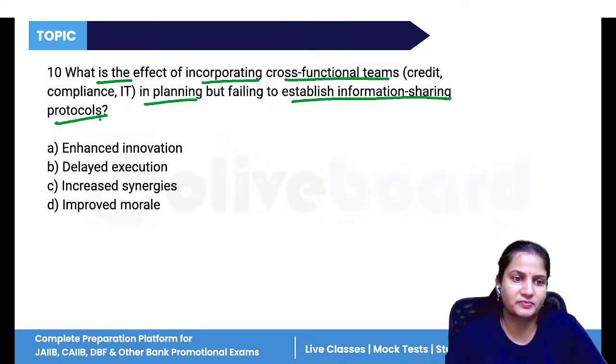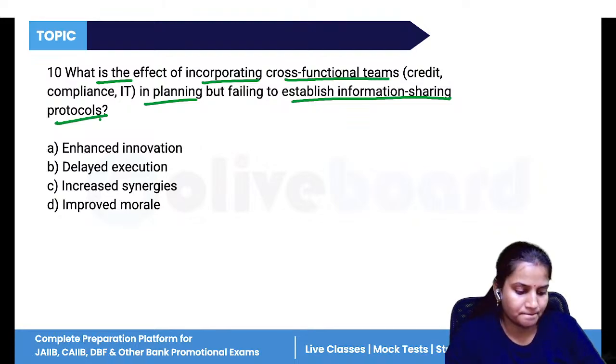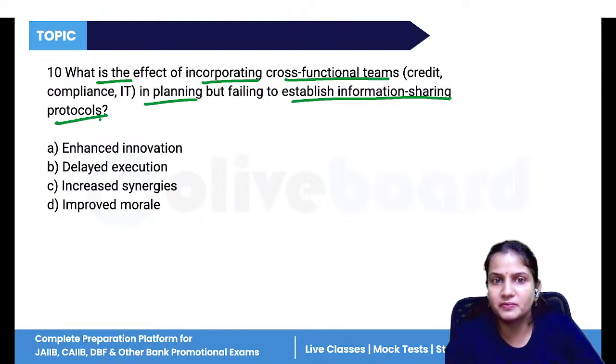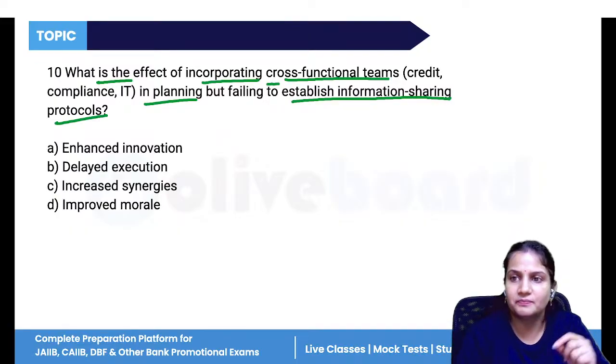So what is the reason behind this? Why does it fail to establish the information sharing protocol? If there are not many people in your bank, then even if the cross-functional teams are creating compliance and IT plans, they will do only one work. If you ask them to share the information, they are not going to do this.